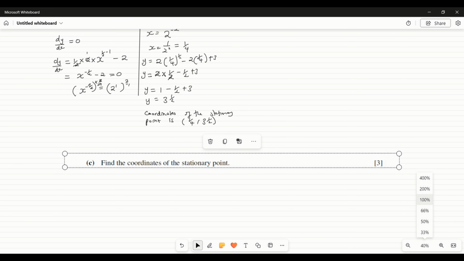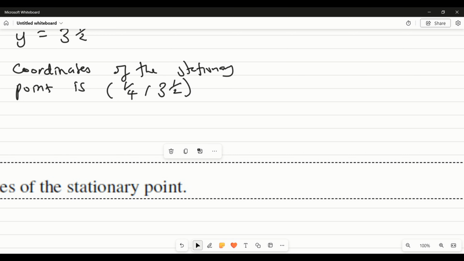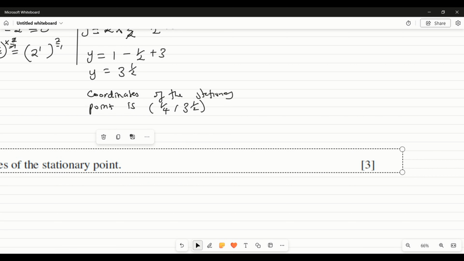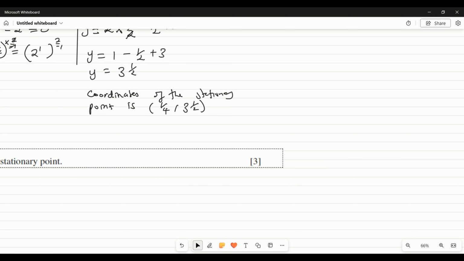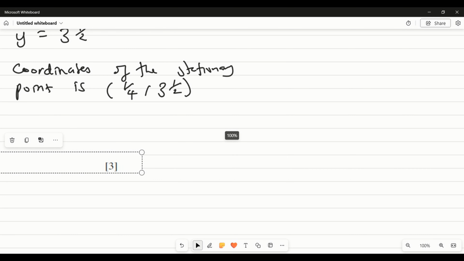Okay, fine. So this is the question: find the nature of the stationary point. So we have to say if it's a maximum or if it's a minimum.